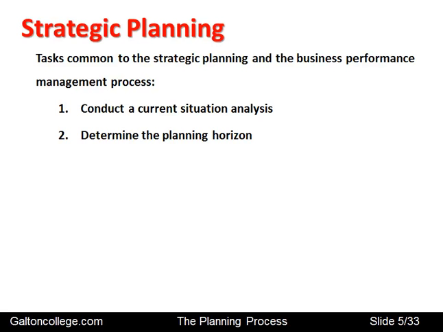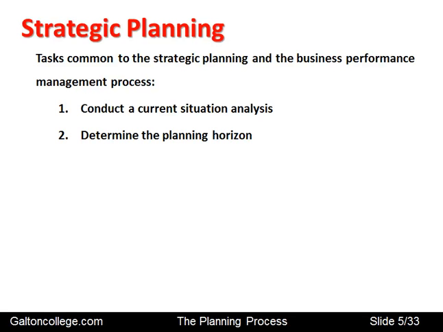Try to determine also a planning horizon. How far should the plan run into the future? Should it be a 1 year or a 2 year or a 5 year plan? And we often read in management books about 5 year plans, although some in the business and even the social sciences area would say you can't really look that far into the future.